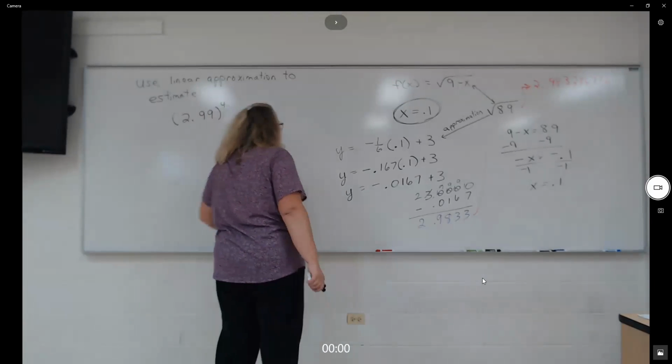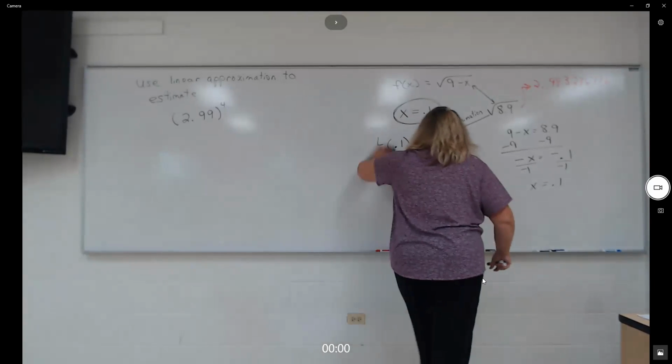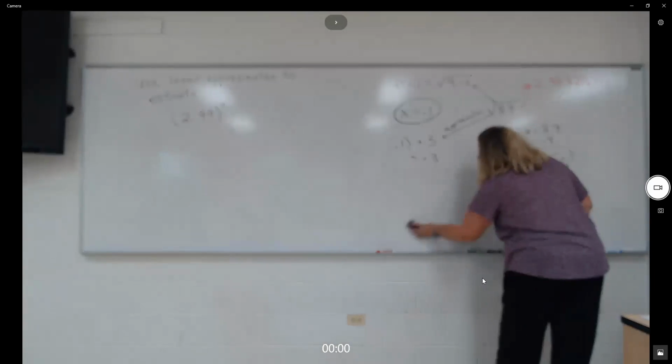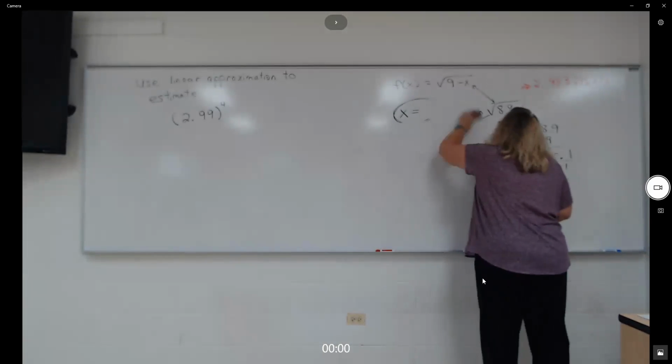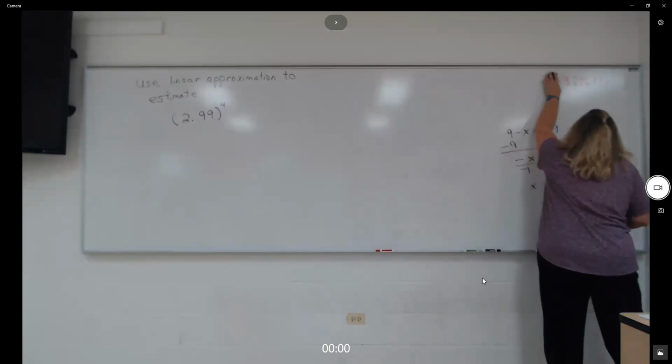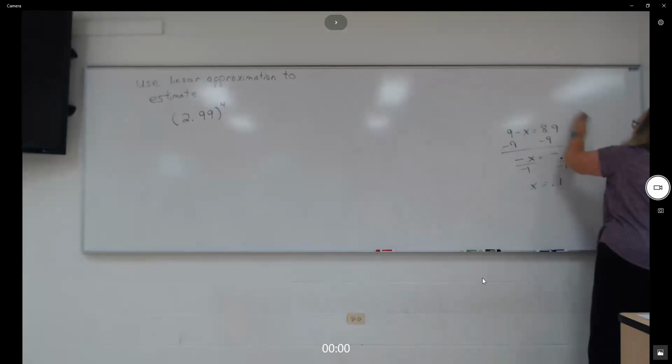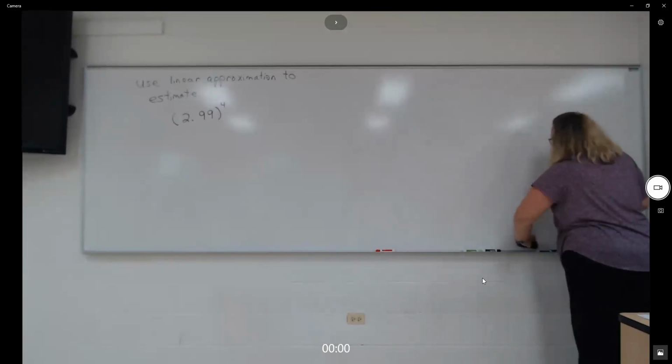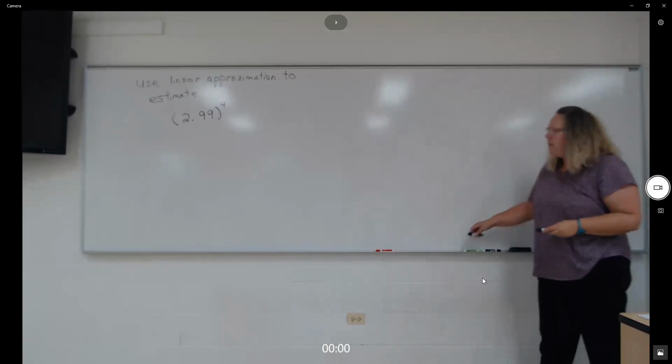Okay, so this one you have to come up with even more on your own. We have to create a function on our own. This is what got kids last year, but we're going to try to keep it as basic as we can.